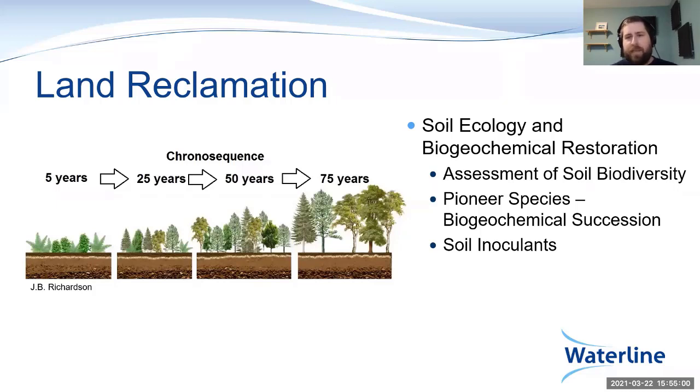It's one of the main reasons why you'll get weed infestations after clearance, because they're pioneer species, and they fix their own nitrogen, so they live in very nutrient poor environments, and they're a necessary part of the ecosystem. But if they're not native to the area, they can invade and persist and be very difficult to get rid of. So working with those ecological processes from the beginning of the reclamation right through to restoration is very important.